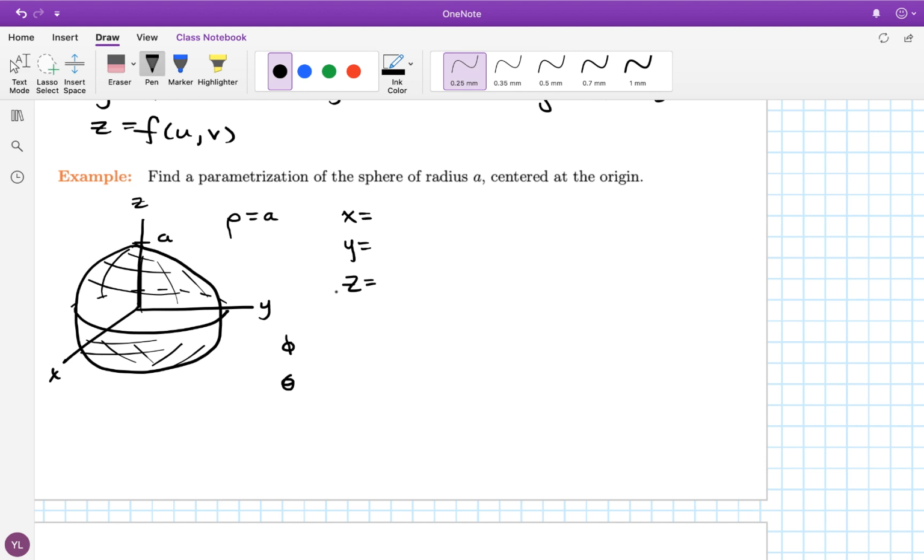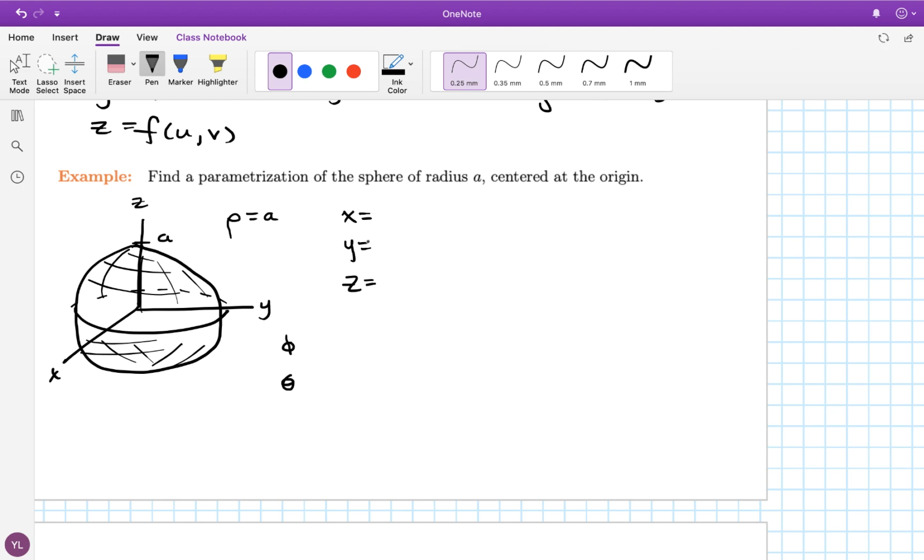In a similar way, these two variables, these two parameters really, are sufficient to identify any point on this sphere of radius a. So if I use latitude and longitude as my parameter system, then I already know what x, y, and z should be in terms of those.